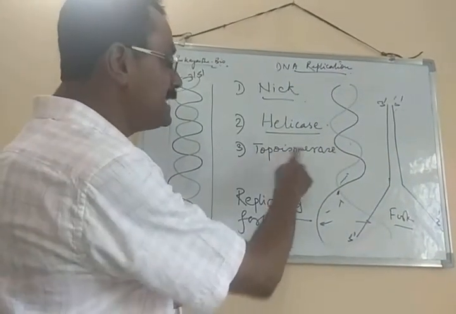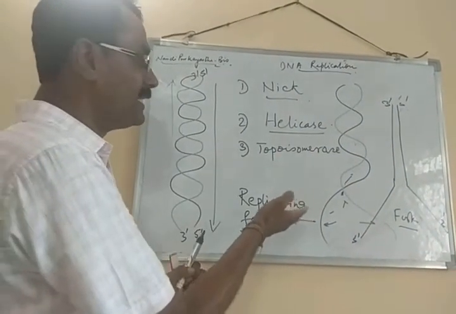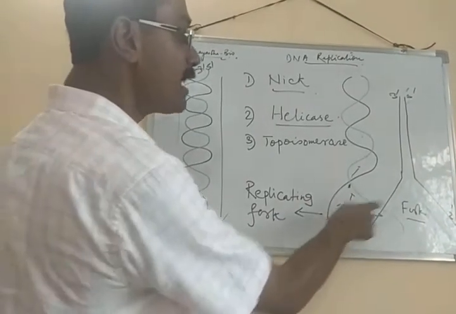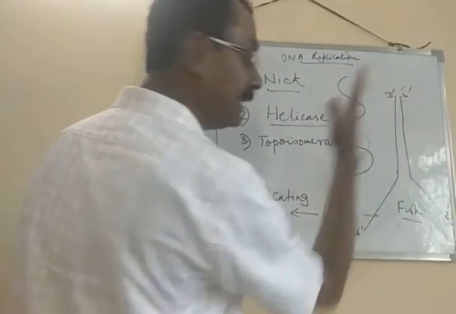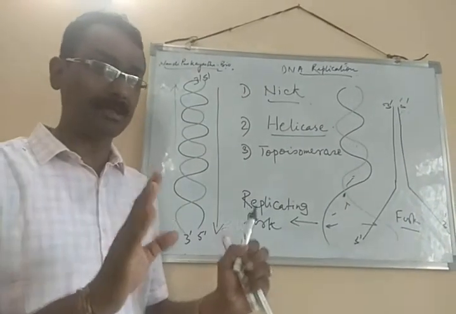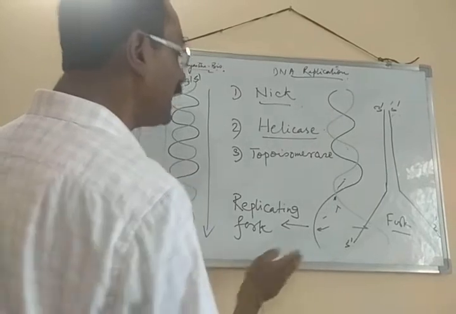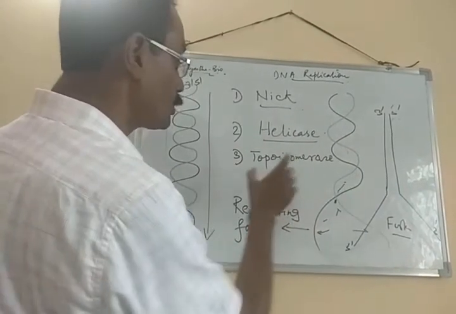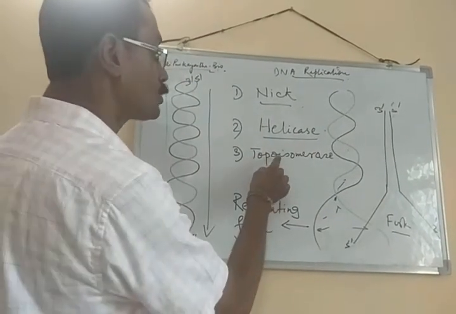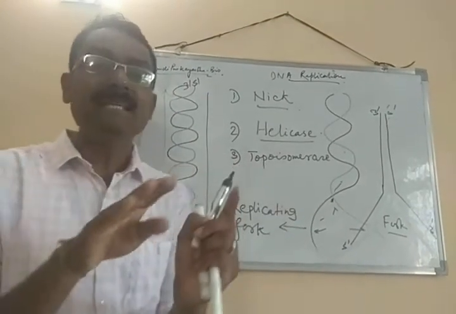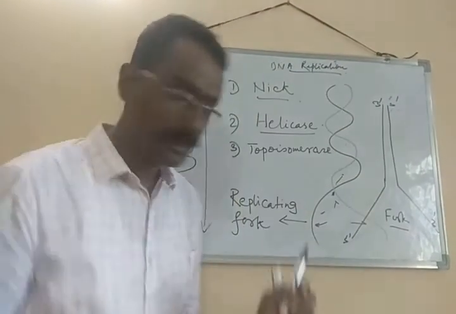So it neutralizes the tension exerted by the helicase, otherwise the DNA will completely break, torn into pieces. Topoisomerase helps in making it tension free.